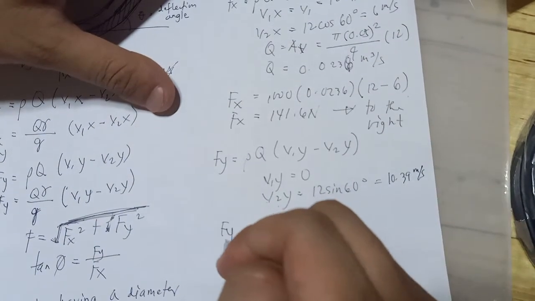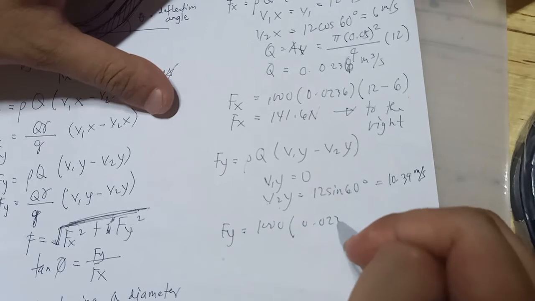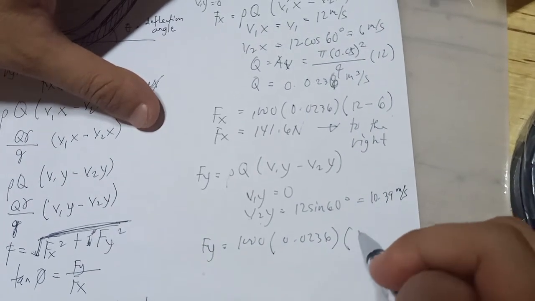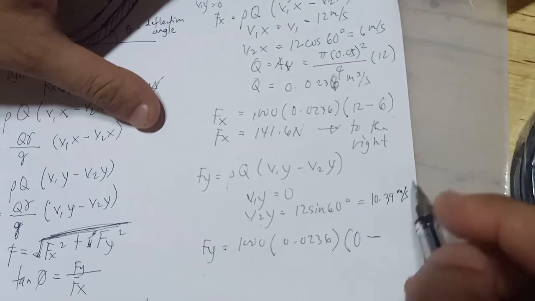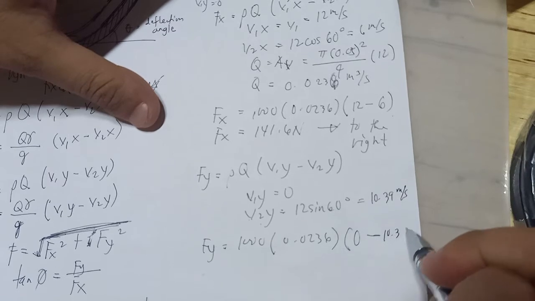So our Fy now is 1000 times 0.0236 times, since we have no v sub 1y, 0 minus v sub 2y, 10.39.